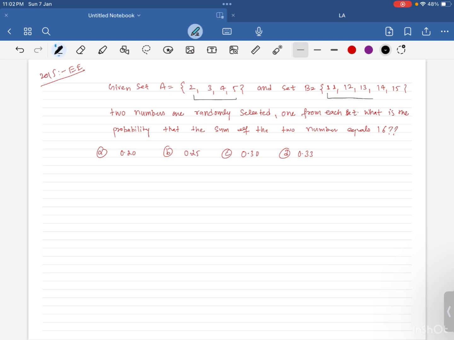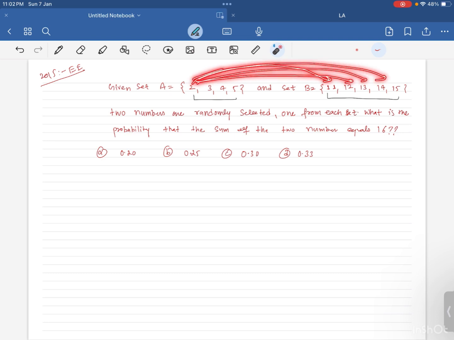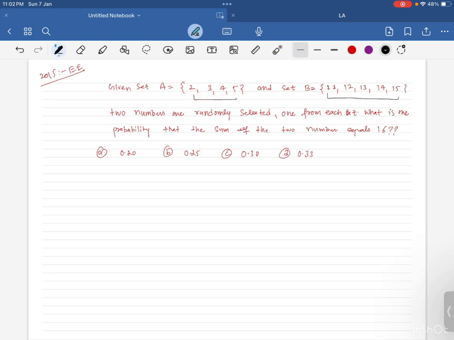sums can we form? We can form the sums 2 with 11, 2 with 12, 2 with 13, 2 with 14, 2 with 15, right? So with 2 we can form 5, and with these 4 elements, the total possible outcomes would be 4 times 5, that is 20, right?